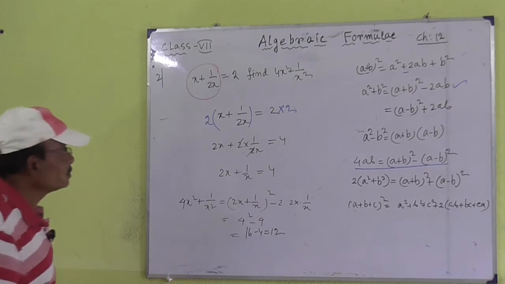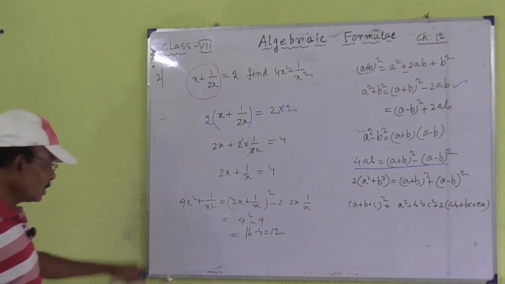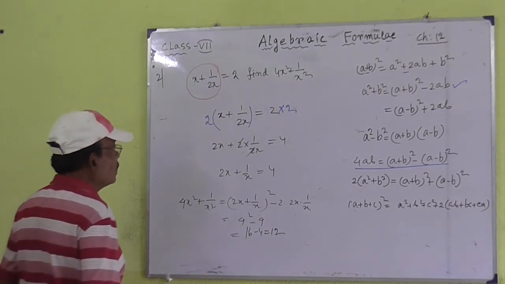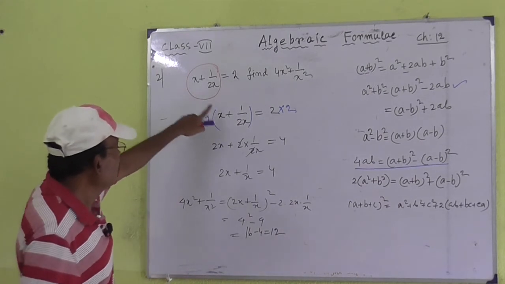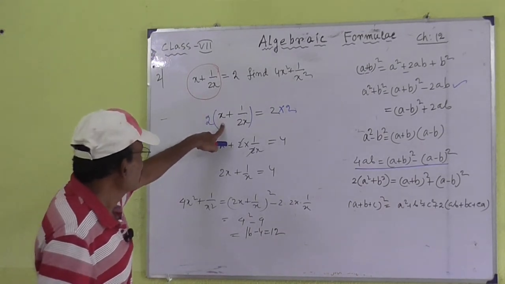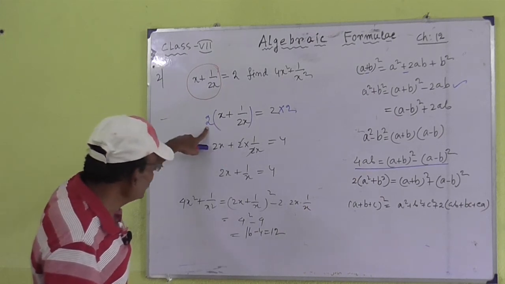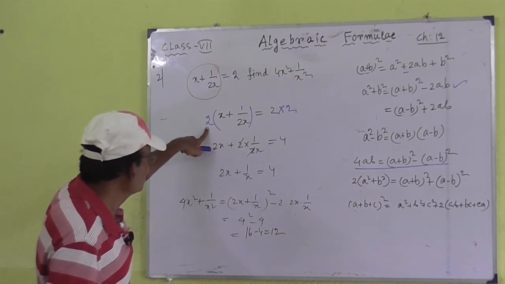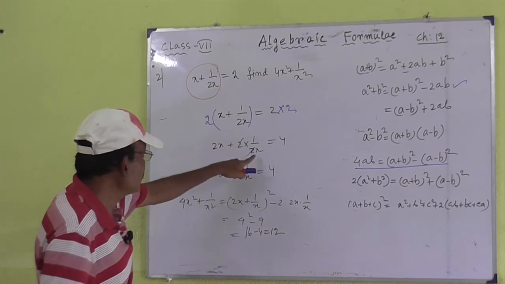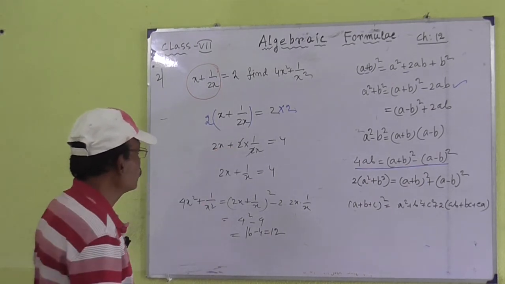Is it okay? Now here, x plus 1 by 2x equal to 2. We multiply by 2. It gives the result 2x plus 1 by x equal to 4.